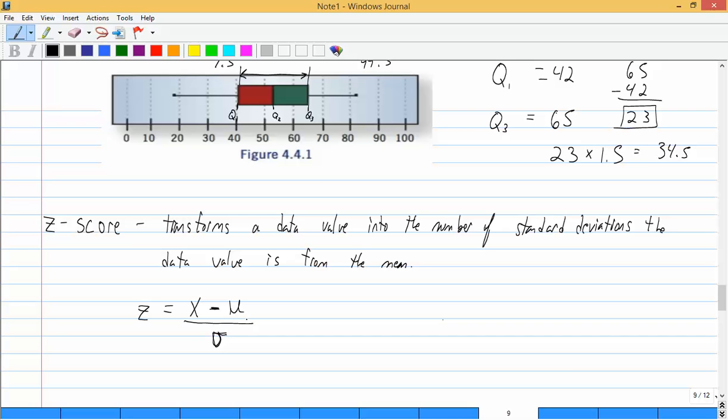So the Z-score is equal to X minus mu over sigma. When you calculate the Z-score, that's going to tell you how many standard deviations away from the mean that X is.